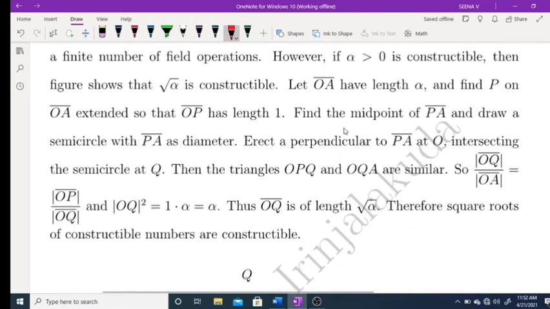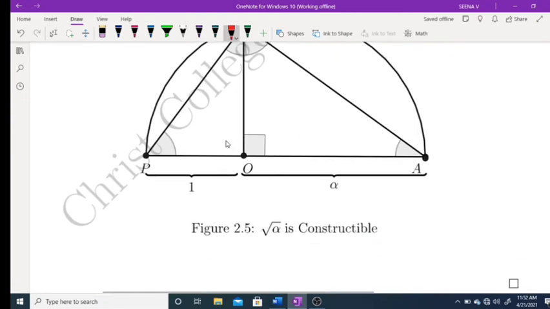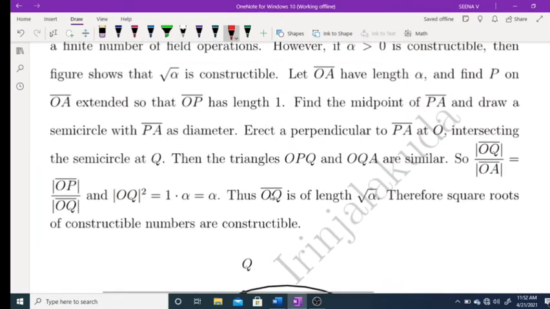Let OA be of length alpha and find P on OA extended so that OP has length 1. So this is OA, of length mod alpha, and we extend this and mark a point P such that OP is of length 1.